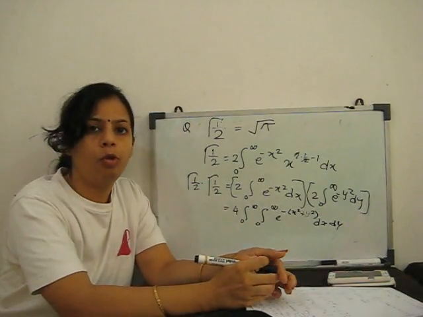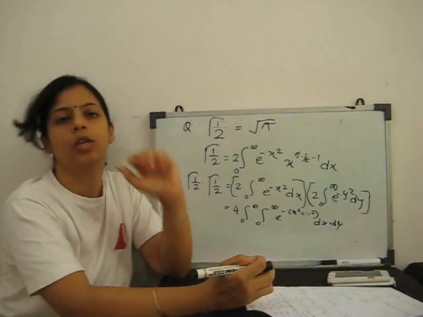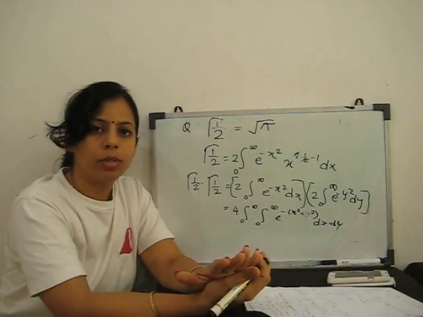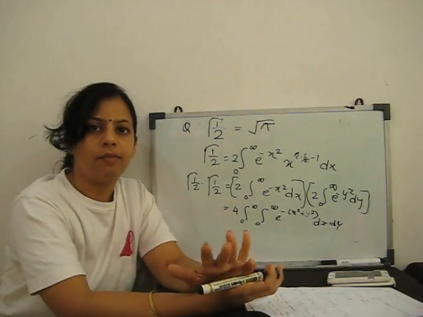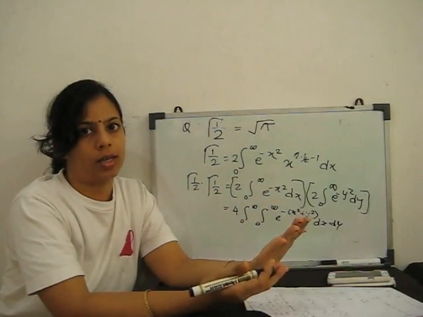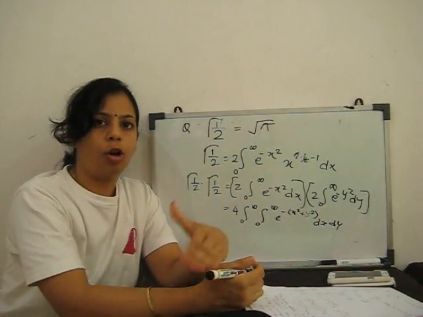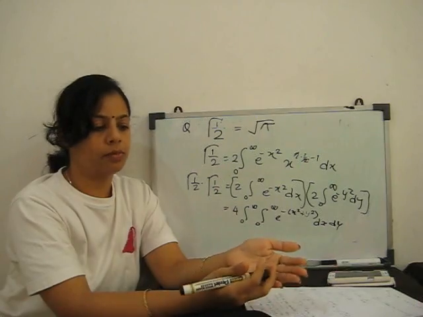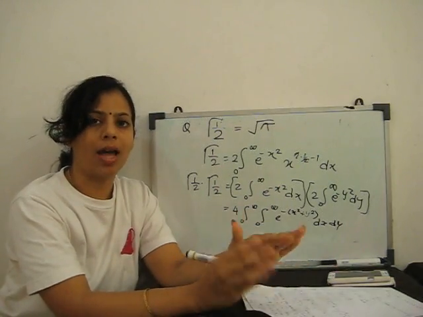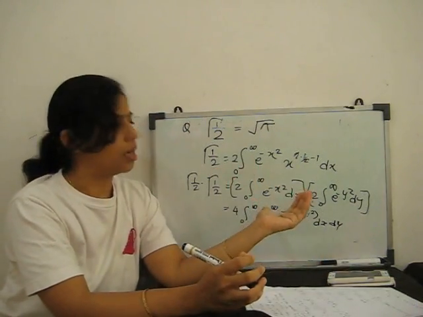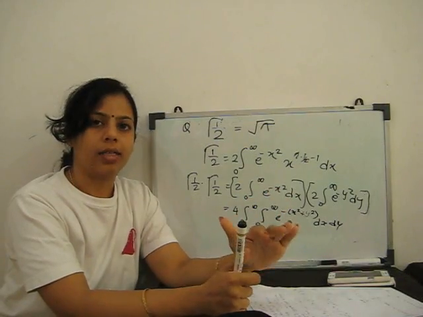Now to prove gamma half is equal to root pi, we have to substitute this x and y in polar coordinates, polar form. You know, we always discuss the polar, means we have to convert this into r and theta. So this integral we convert into r and theta.